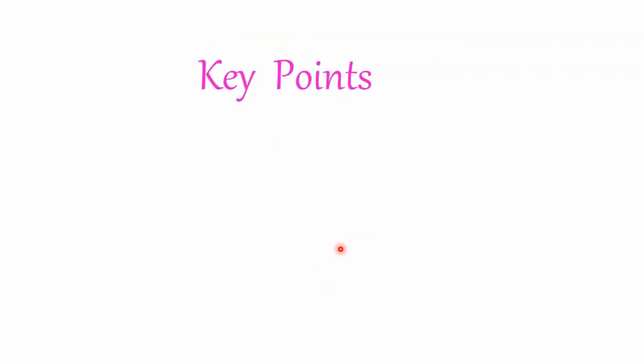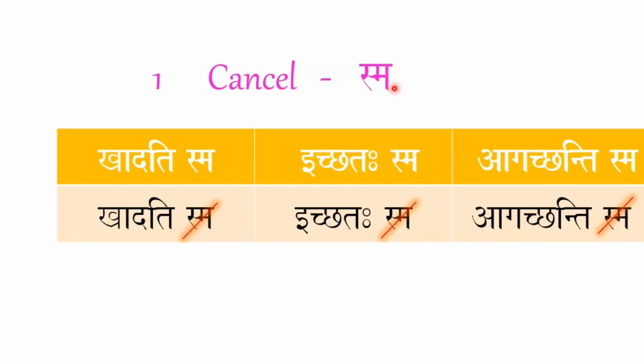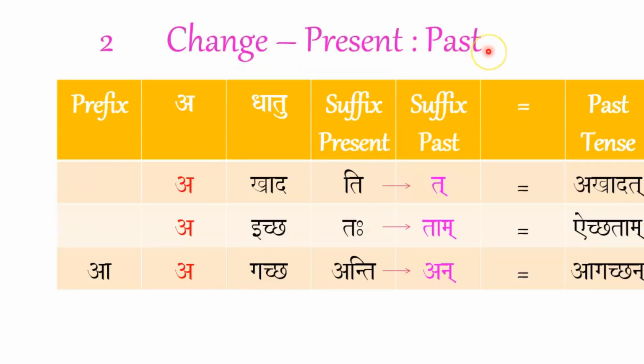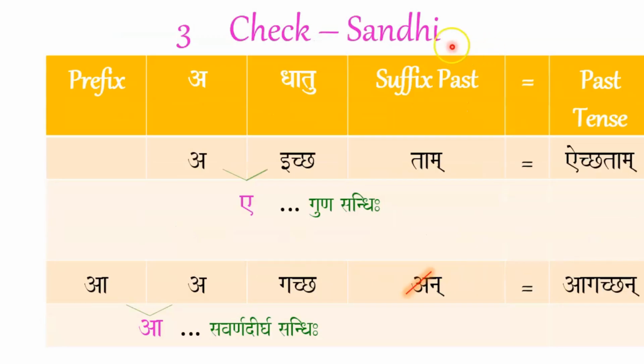Now, let's see some key points of Sma Nishkashayat. Number one, cancel the Sma Avyayam. Number two, change the ending present suffix into past tense. Number three, check whether any sandhis occurred or not.